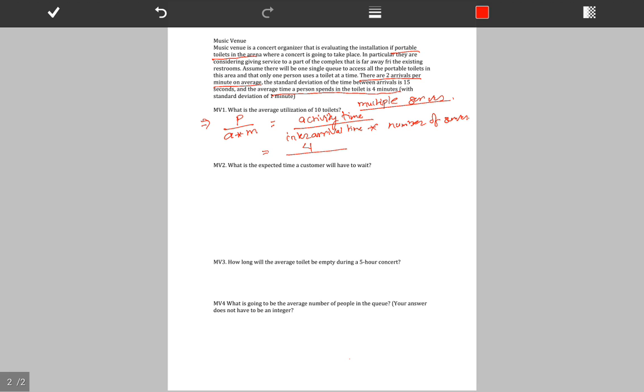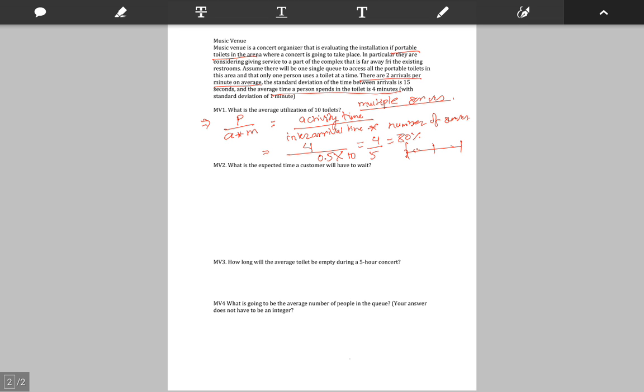So between one arrival and the next, on average there has to be a 30-second gap. It's the same thing to say 2 arrivals per minute or 1 arrival every 30 seconds. So the inter-arrival time is 0.5 minutes, multiplied by the number of servers, 10. So 4 divided by 5 is 80%.